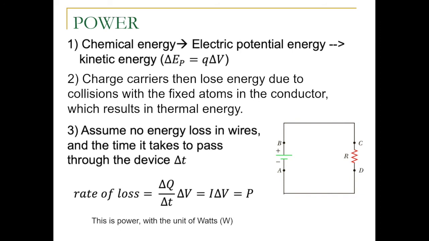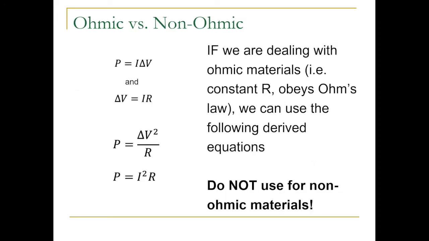So what we end up with here is a nice equation for power in terms of circuit quantities I and V. So P is equal to I delta V. If you remember from previous study of power, the unit of power is a watt, which is also a joule per second.